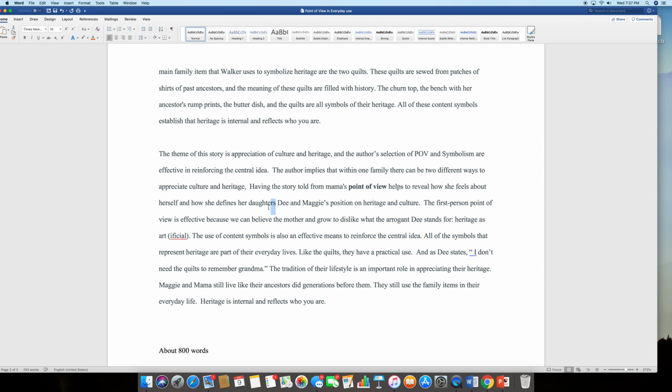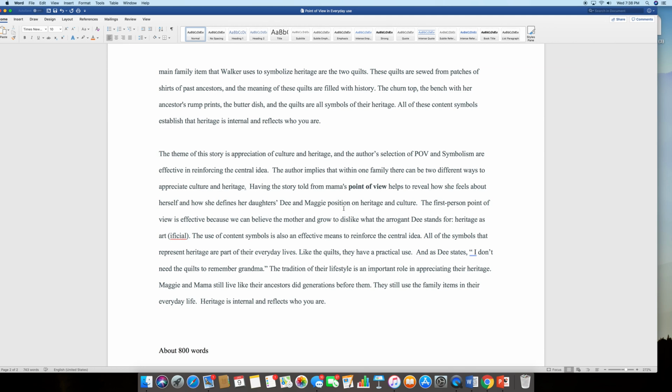This daughters here is meant to be plural. You could do this. You could make it possessive by putting a little mark on top of that. Her daughters Dee and Maggie position. I would restructure this sentence.